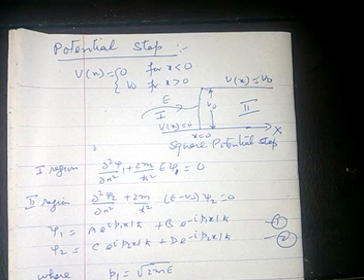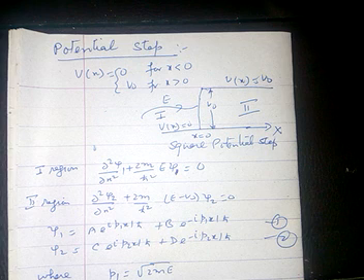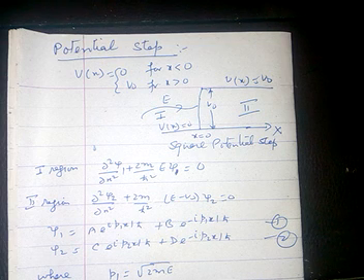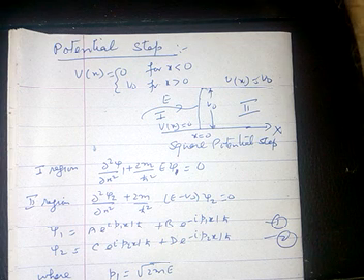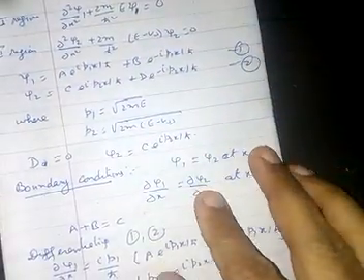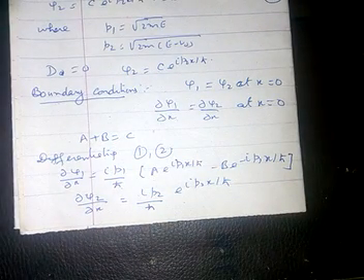The general solution of these equations may be written as psi1 equal to a e raised to power i p1 x upon h cross plus b into e raised to power minus i p1 x upon h cross, and for the second equation psi2 is equal to c e raised to power i p2 x upon h cross plus d into e raised to power minus i p2 x upon h cross, where p1 and p2 are the momenta in the first and second region respectively and are given by p1 equal to under root 2mE and p2 equal to under root 2m into (E minus V0).